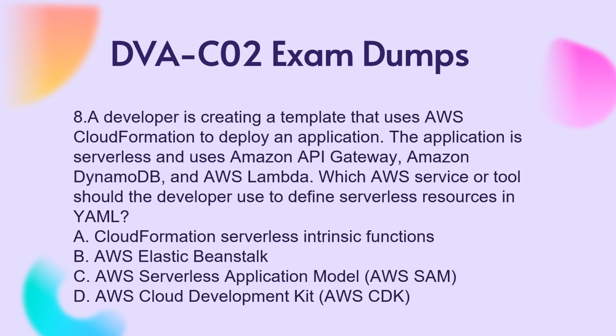8. A developer is creating a template that uses AWS CloudFormation to deploy an application. The application is serverless and uses Amazon API Gateway, Amazon DynamoDB, and AWS Lambda. Which AWS service or tool should the developer use to define serverless resources in YAML?